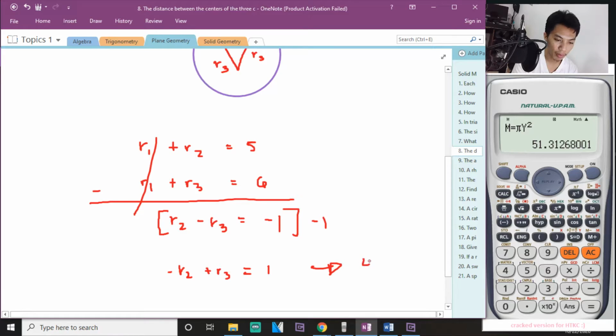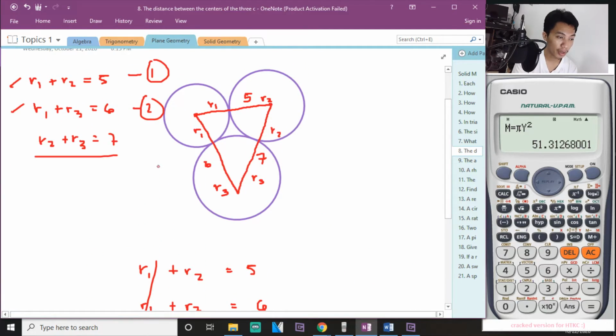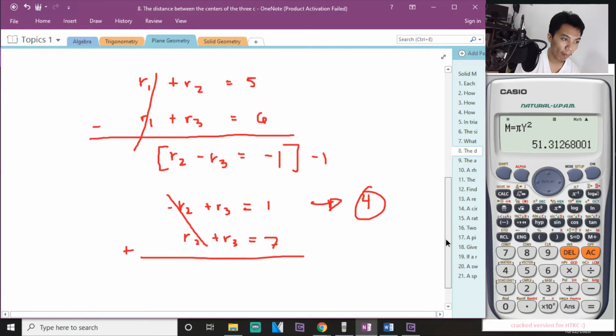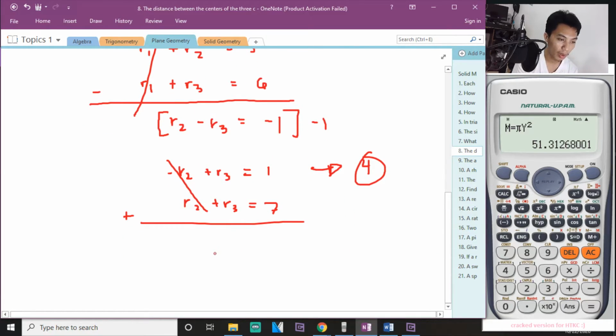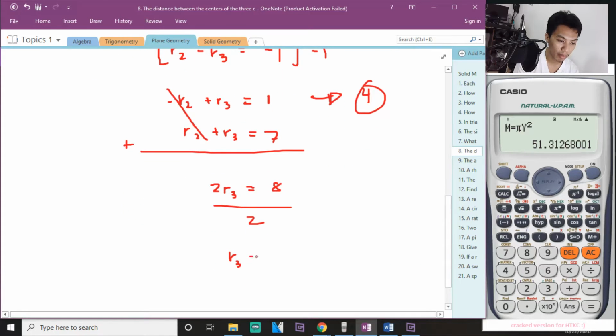Equation 4. Ayan, ano ba magagamit ko dito sa dalawa? Ito. Equation 3. So, R2 plus R3 equal to 7. I-add ko na lang yung dalawa. Ay, cancel na 'to. So, add ko 2R3 is equal to 7 plus 1, 8. Divide both sides by 2. R3 will become 4.